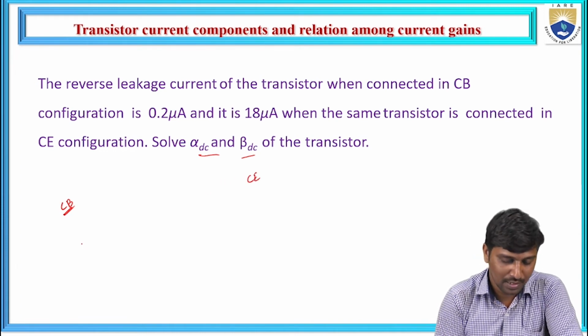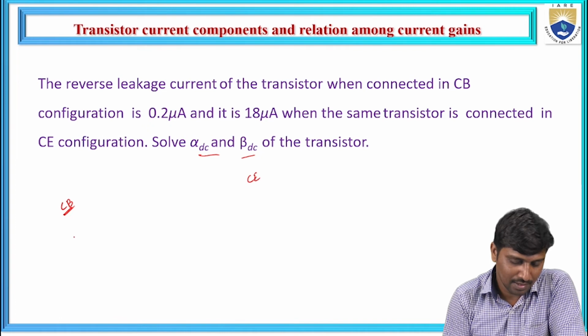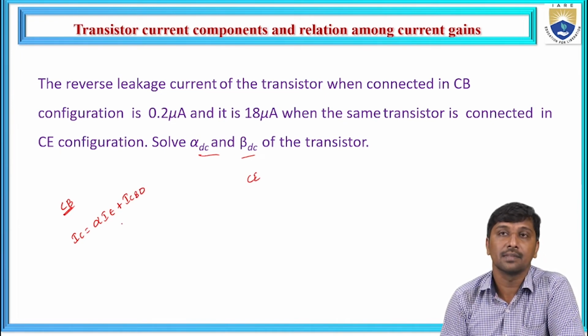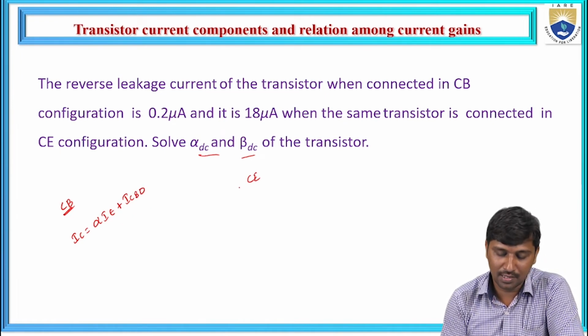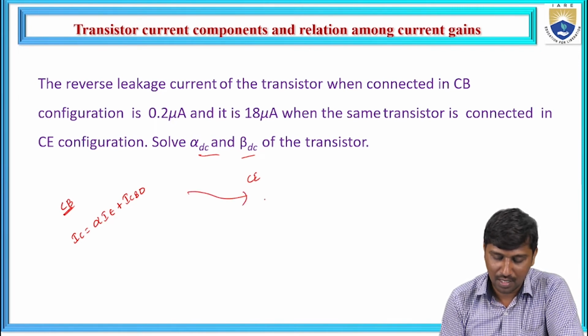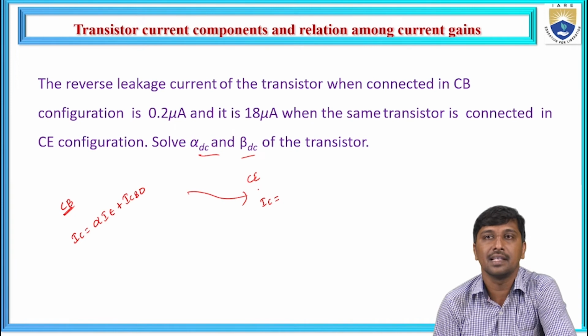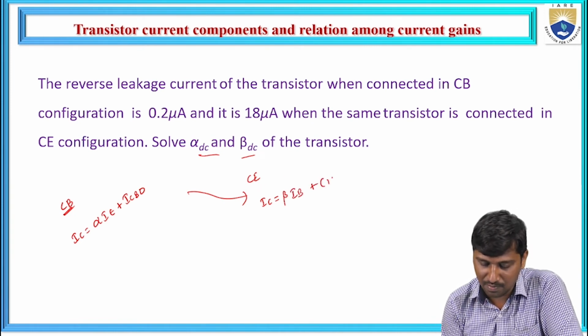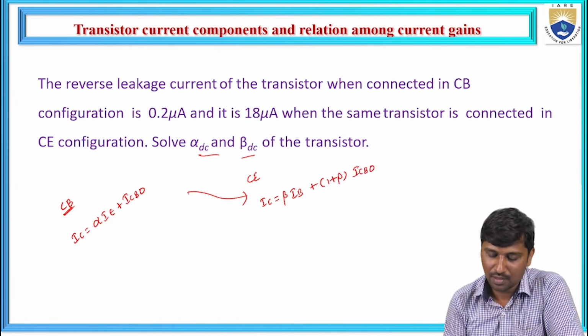We know that in a CB configuration, the collector current is represented as IC is alpha times IE plus ICBO. This is a generalized expression. If you want to convert this in terms of CE, it should be represented as IC is equal to beta times IB plus 1 plus beta times ICBO.